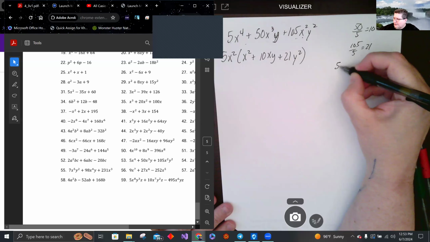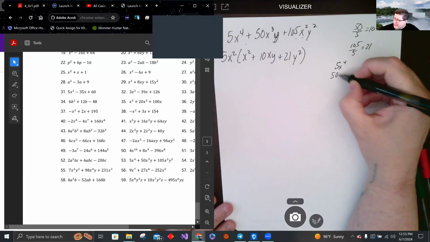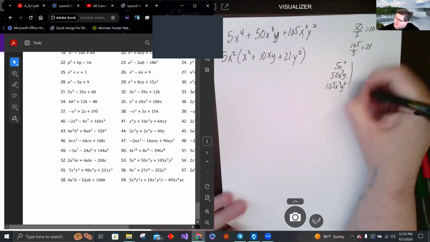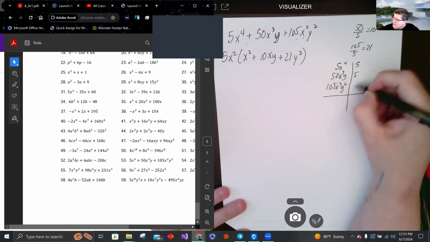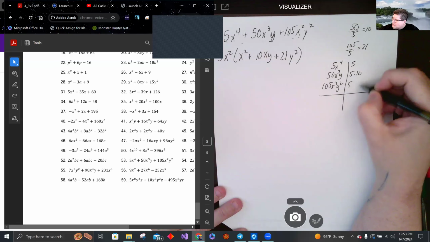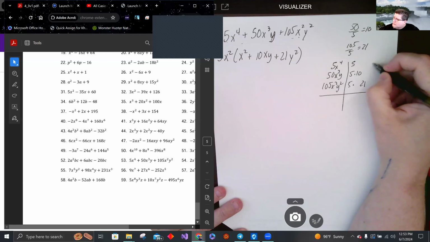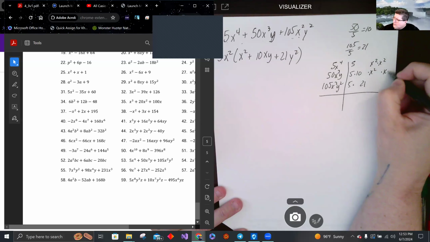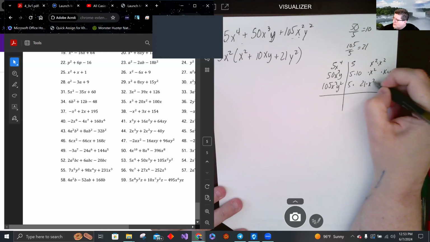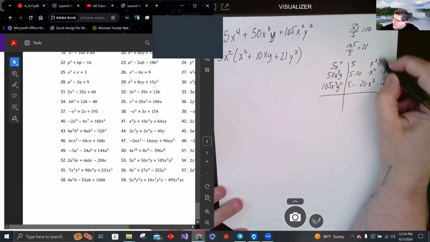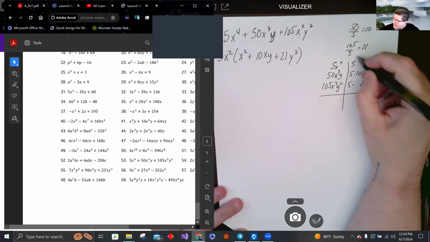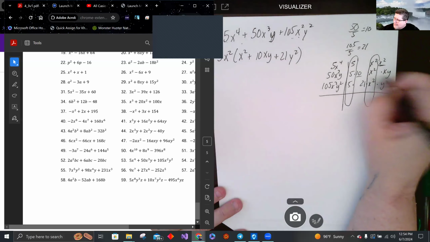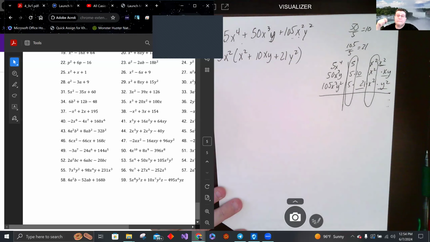Maybe I'll do this in the table over here so y'all can see the table version. So my GCF is here and here. And I'm left with an x squared, a 10xy, and a 21y squared.